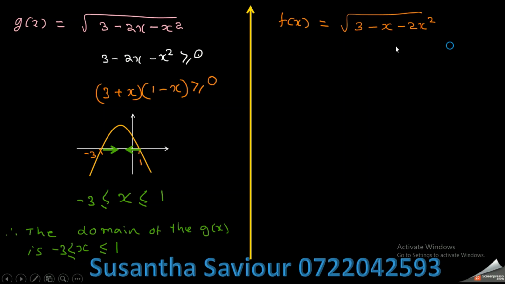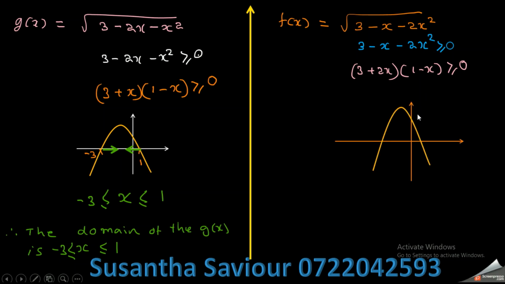As you did in the earlier case, here also you can just pause the video and try it all by yourself and then look at the answer. So this is 3 minus x minus 2x squared, which should be greater than or equal to 0. Again we can factorize this as (3 plus 2x)(1 minus x) greater than 0, and then we can draw the graph of this as this, right?